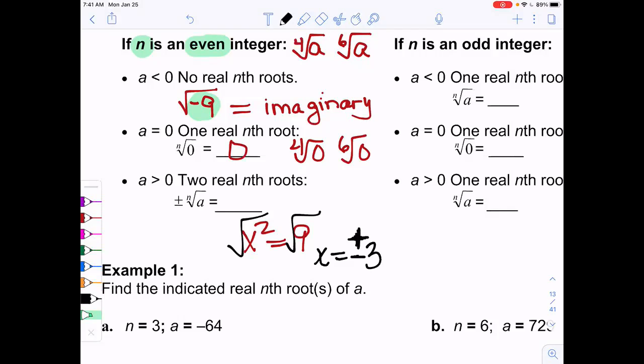So I must have a plus or minus value in front. And that answer is going to be plus or minus a, and then whatever my radical ends up being, 1 over n. So I would evaluate it and get a number there. But it's going to be a plus or minus.